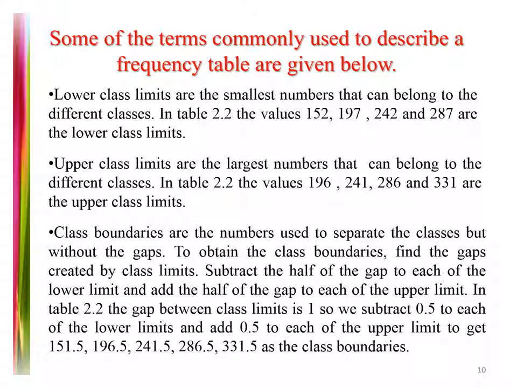In the earlier example the gap between two consecutive classes is 1, so 1 divided by 2 is 0.5, so we add 0.5 to the upper values and subtract it from the lower values. Then we get the class boundaries.